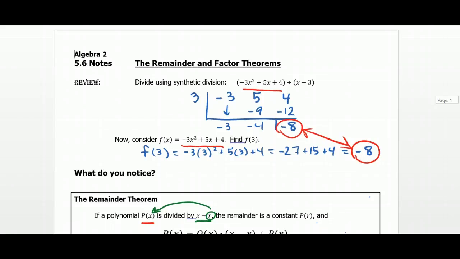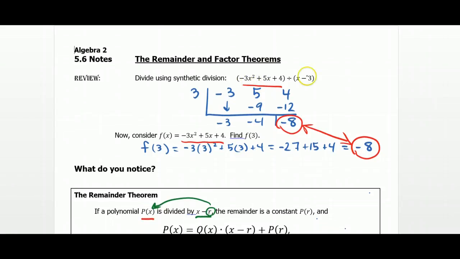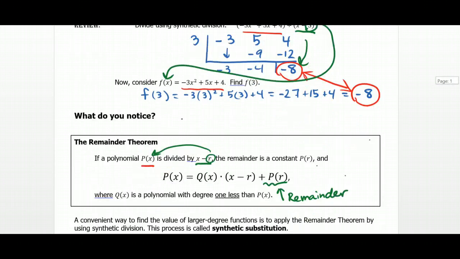We divided our polynomial by the quantity x minus 3, and we got a remainder of negative 8. And then we took that 3 value and plugged it in for x into the same function down here, which also gave us a negative 8 for an output.